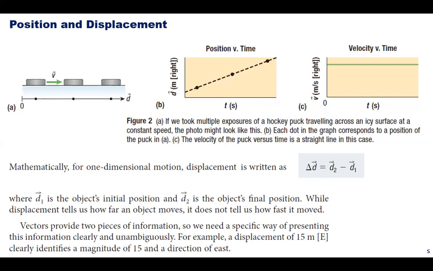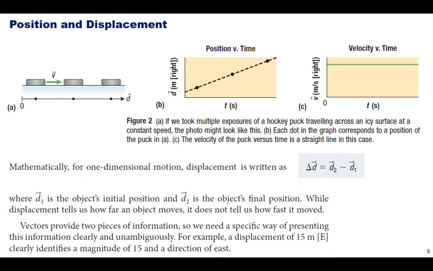We can use the information in figure 2A to construct a graph of the puck's position as a function of time, as shown in figure 2B. Also notice that in figure 2B, the distance axis is now vertical as we plot the position vector d as a function of time, t. In such a position-time plot, it is conventional to plot time along the horizontal axis.